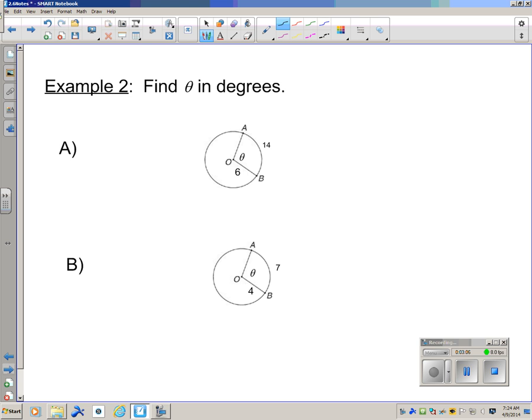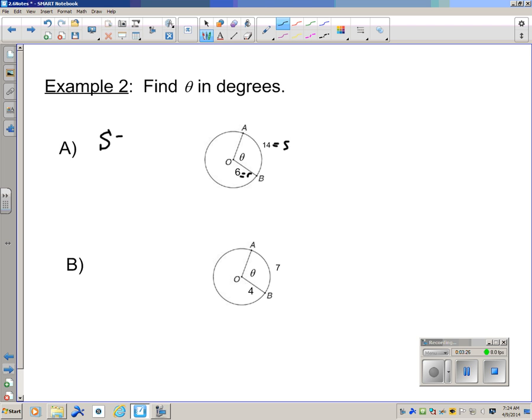So sometimes you have to find other parts. In this case, we have to find degrees. So let's find some degrees this time, using that same formula we've been using. We've got an arc length, so we've got S this time, and we've got R, and this time we want to find theta.